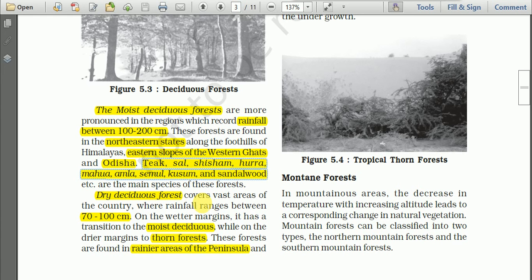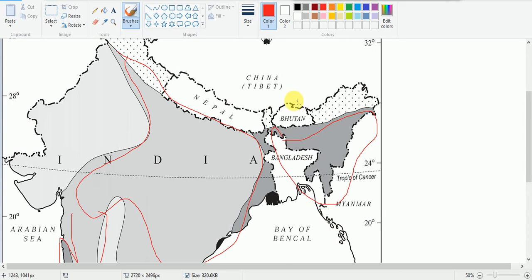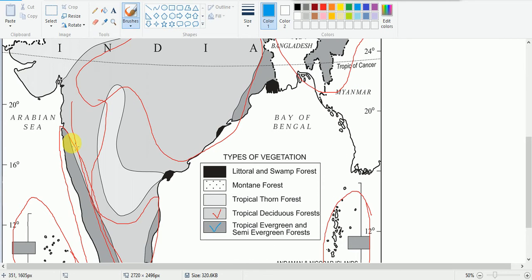Teak and sal are the most important tree species of this forest. Others are sesam, hura, mahua, amla, semul, kusum, and sandalwood. These forests are found mainly in the eastern slope of the Western Ghats. See here in this area. Let us say this is the Western Ghats, so this is the western slope.